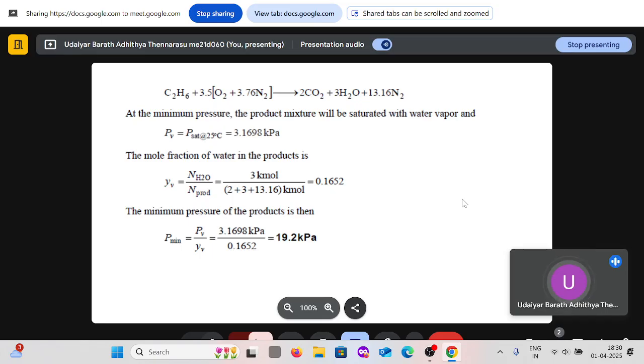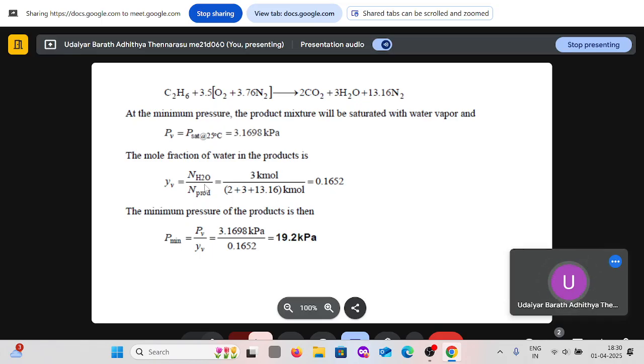So the mole fraction of water in the product is the number of moles of water divided by the total number of moles in the product. Here we have 3 moles of water, and the total number of moles of product is 2 plus 3 plus 13.16, which is 18.16.